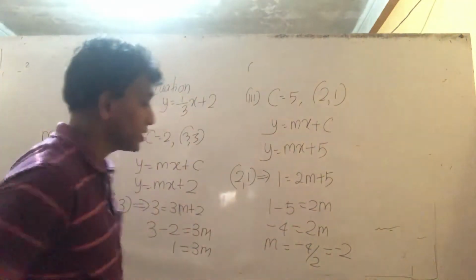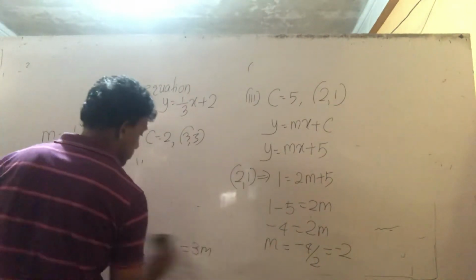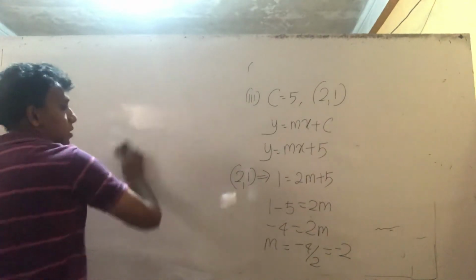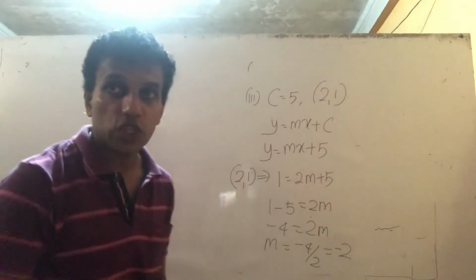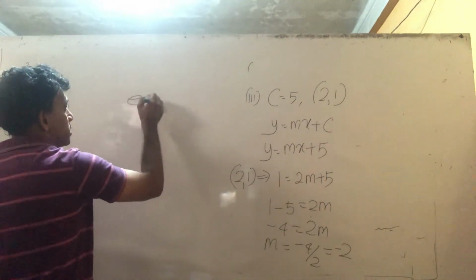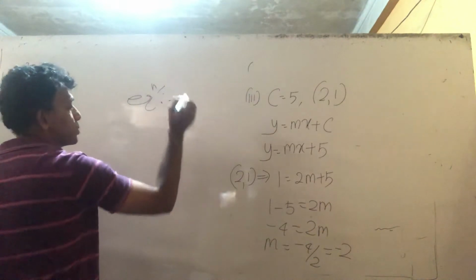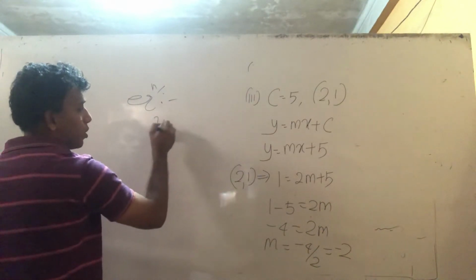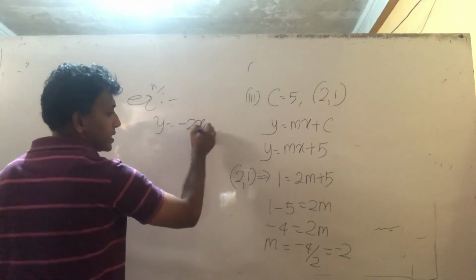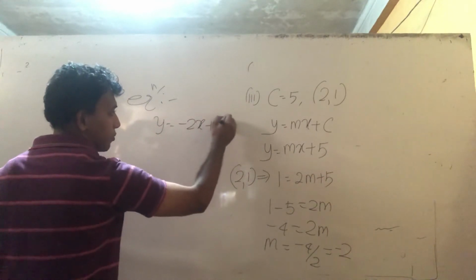Gradient is minus 2. Therefore write the equation. You know m, you know c. So the equation is what? y = mx, m for minus 2, x, c is 5.